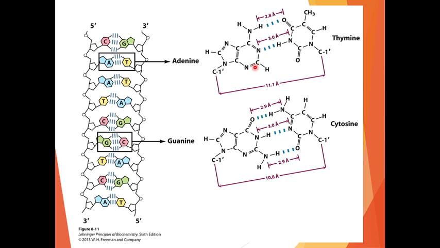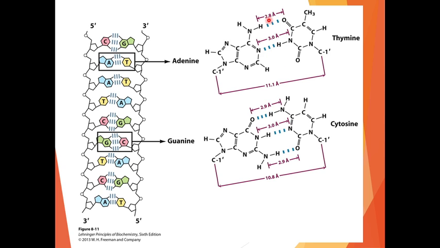In adenine, the NH2 on the C6 carbon donates a hydrogen bond to the carbonyl oxygen in thymine. The NH in thymine donates a hydrogen bond to the nitrogen, which is the N1 in adenine.